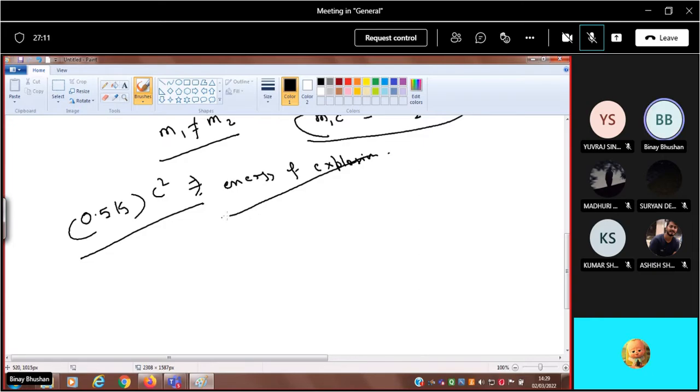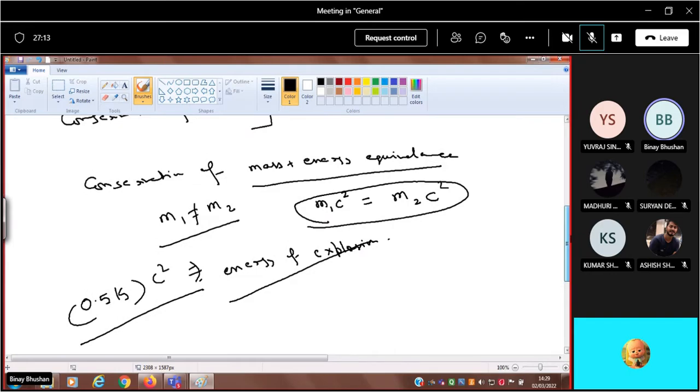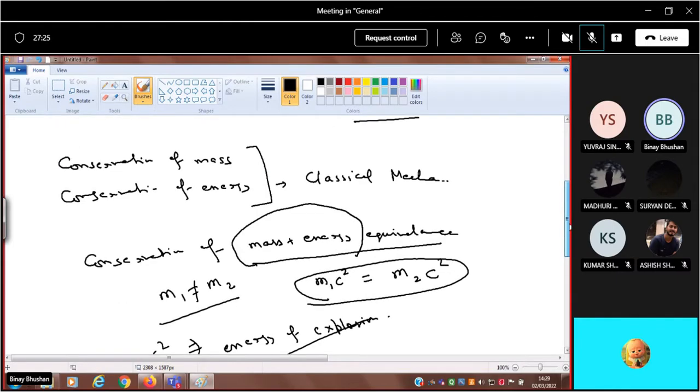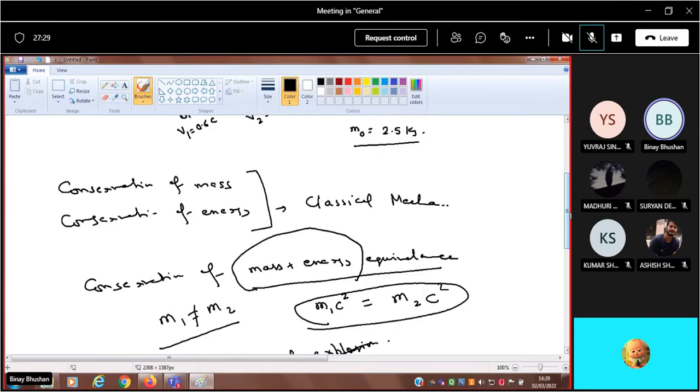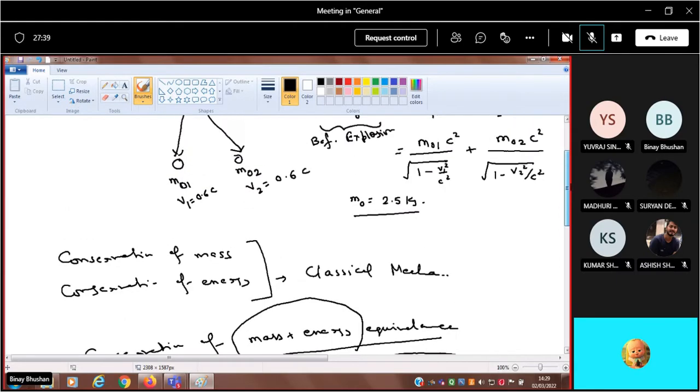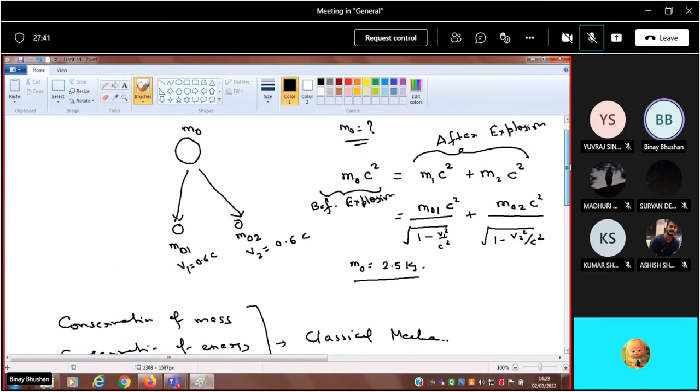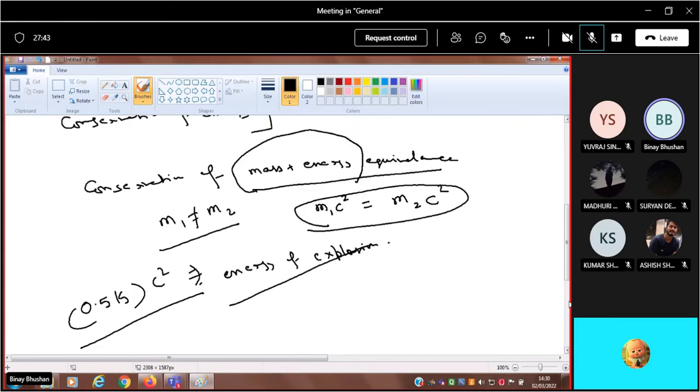So in STR, we have conservation of mass energy, mass plus energy, not separately, not at all. Unlike classical mechanics. In classical mechanics, mass will be conserved, energy will be conserved as well. Here, there is only one conservation principle, that is conservation of mass plus energy. That will be conserved.